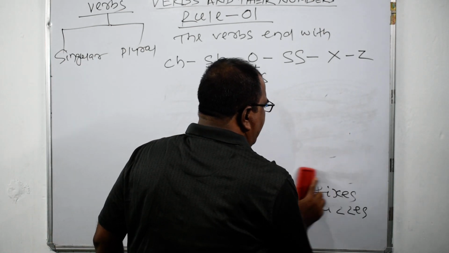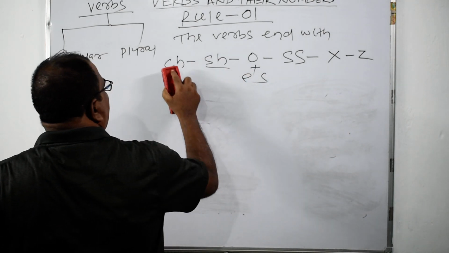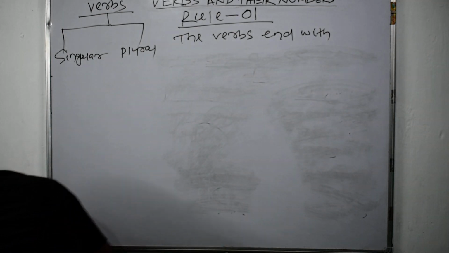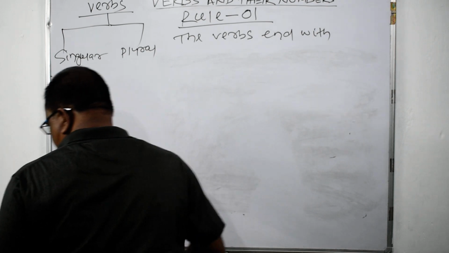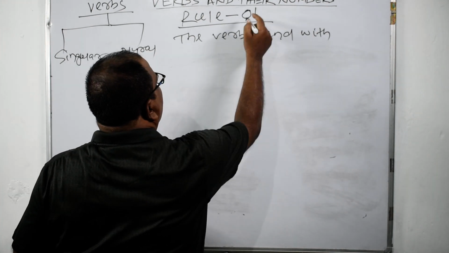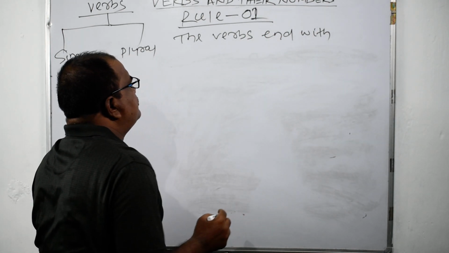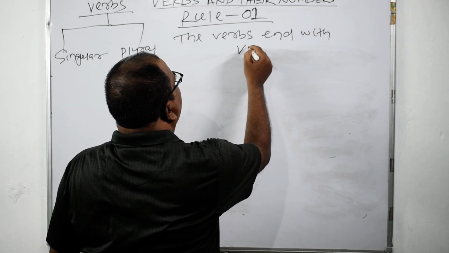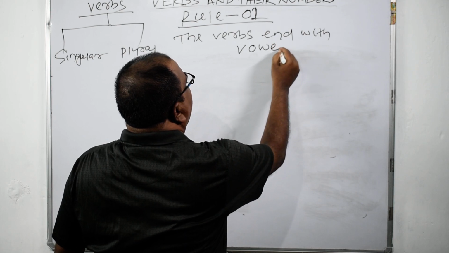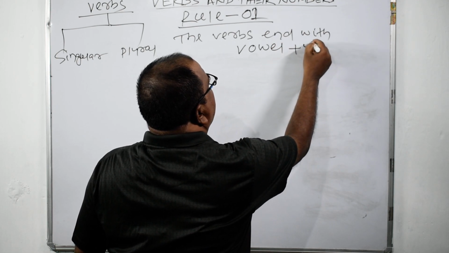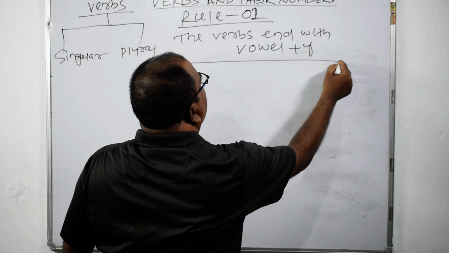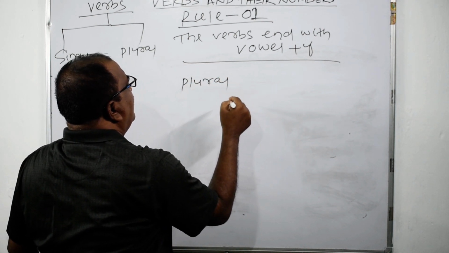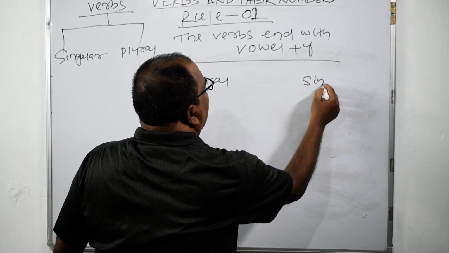Now we will analyze rule number 2. Rule number 2, the verbs that end with vowel plus y, plural, singular.